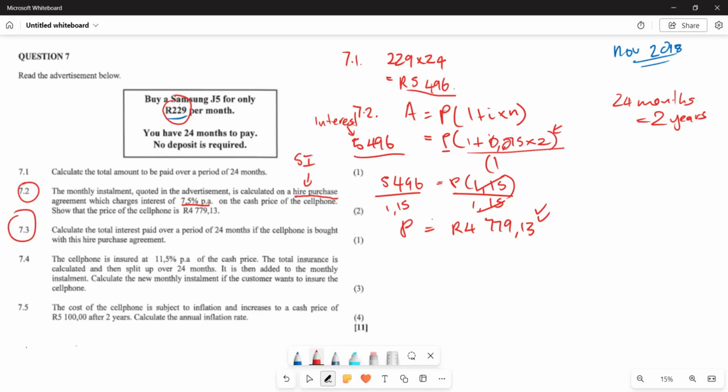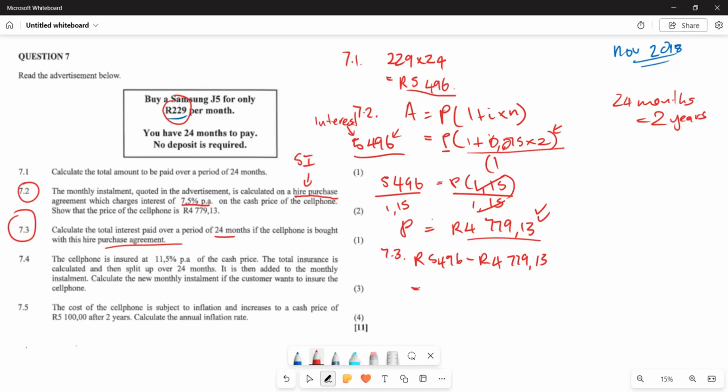7.3. Now they say calculate the total interest paid over 24 months if the cell phone is bought within a hire purchase agreement. Remember this is the original price without interest, and this is the price now with interest. So for 7.3, you are going to say 5,496 subtract the 4,779.13.